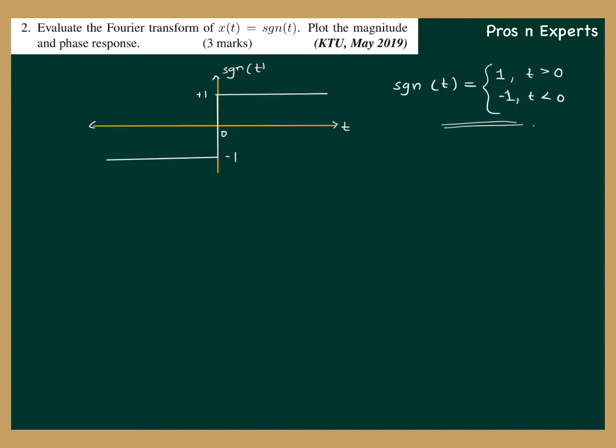Consider this signal, x(t) equal to e raised to minus 3t. It is an infinite duration signal, but its amplitude is converging, even if it is infinite duration. We learned in the Part A questions that this signal is an energy signal.